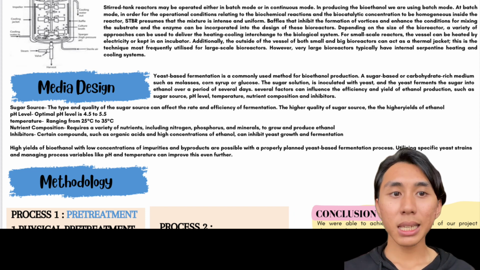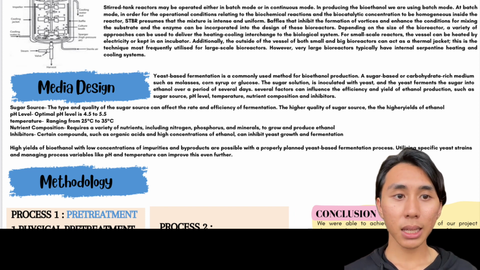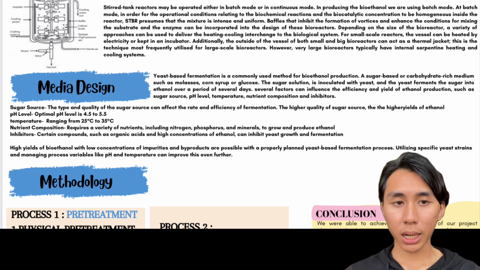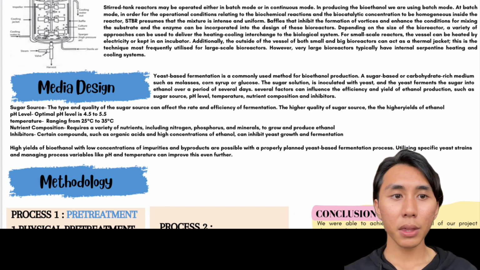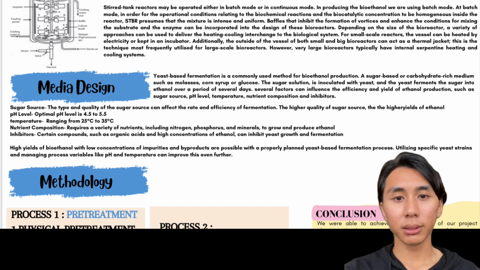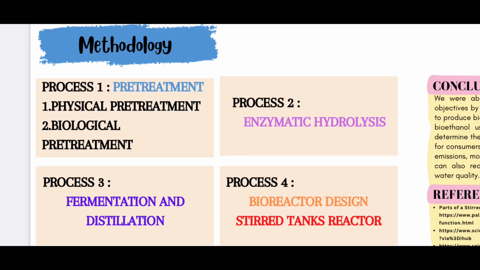A well-designed yeast-based fermentation process can lead to high yields of bioethanol with low levels of byproducts and contaminants. This can be further optimized by using specialized yeast strains and controlling process conditions such as temperature and pH level. For the methodology, we have four processes. First, pre-treatment.